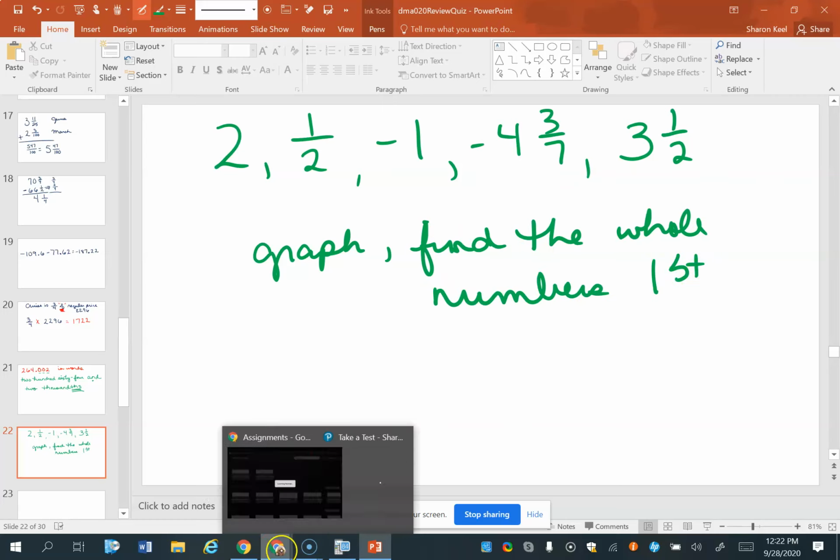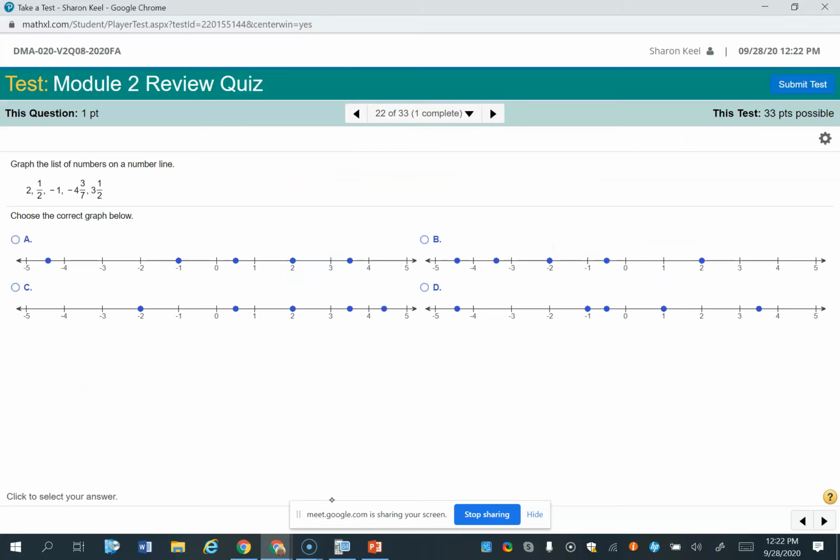Okay? So when I look back at this problem, my whole numbers are +2 and a -1. So choice A, I have a +2, -1. This might be my right answer. Let's look at B. B has a 2, but it does not have a -1. We can eliminate. C has a +2, but it does not have the -1. I can eliminate C. D does not have the 2. It does have the -1. So I can eliminate these 3.